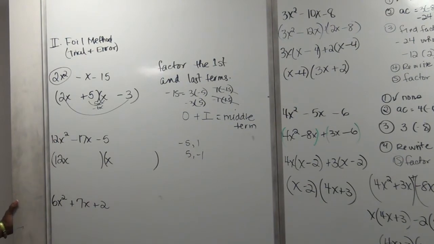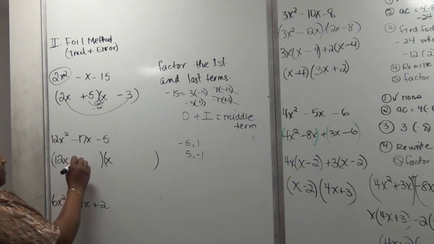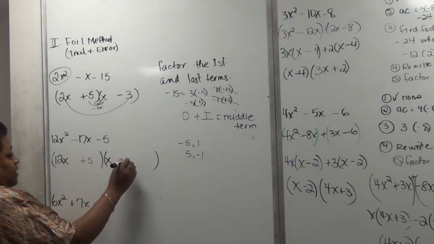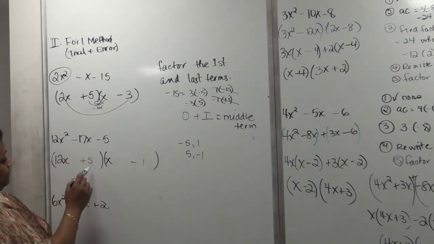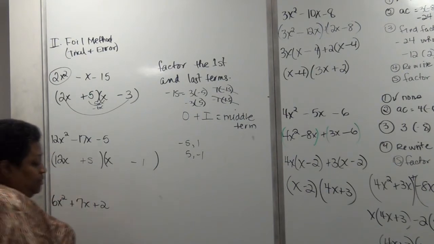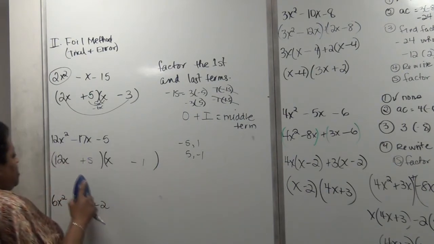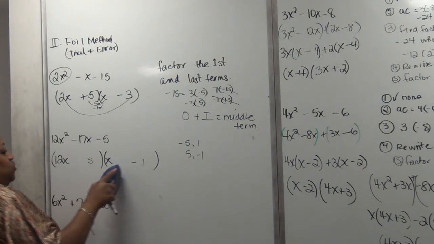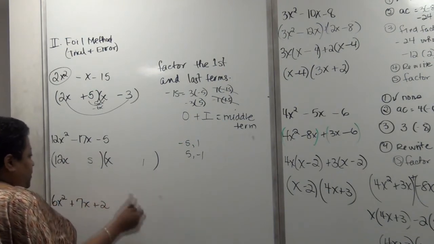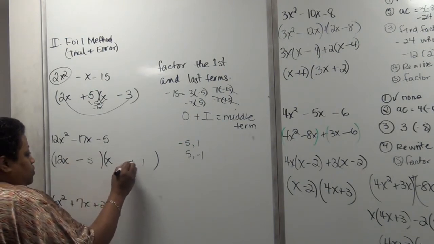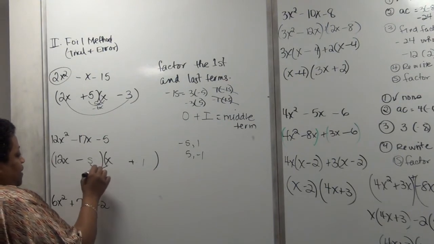Say it again. Negative 5 and a plus 1. Okay. So that's negative 5x and a positive 12x.